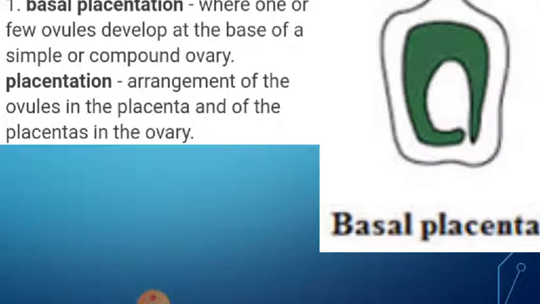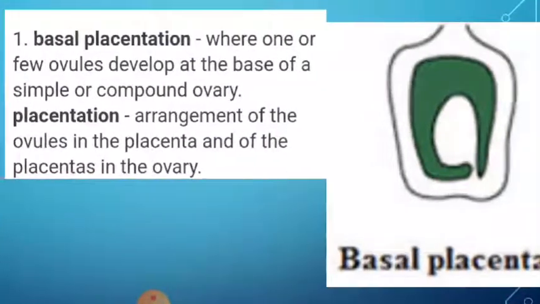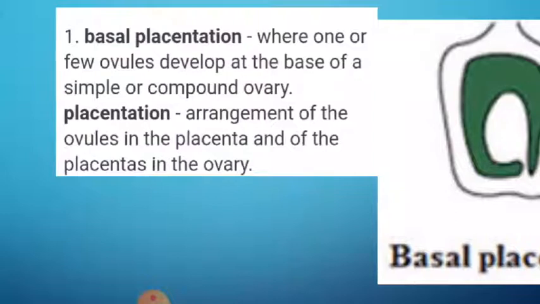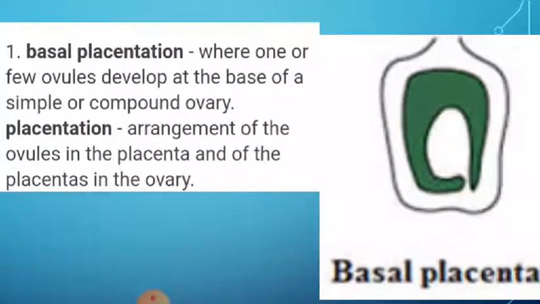It is found in sunflower and marigold. The pistil can be monocarpellary or syncarpous, and the ovary is unilocular. Such an arrangement is known as basal placentation.